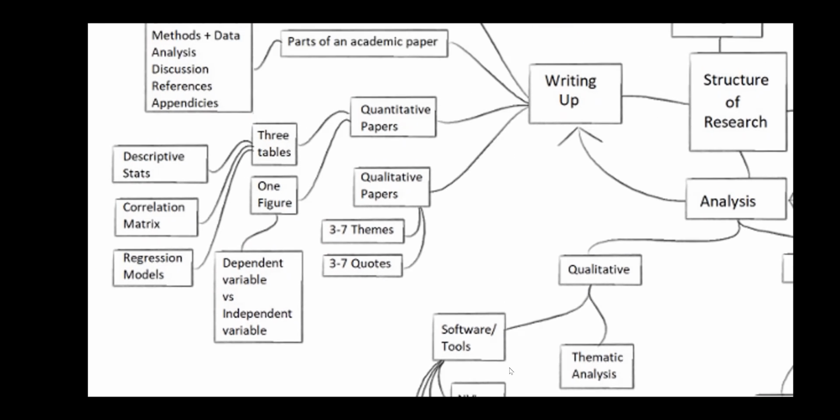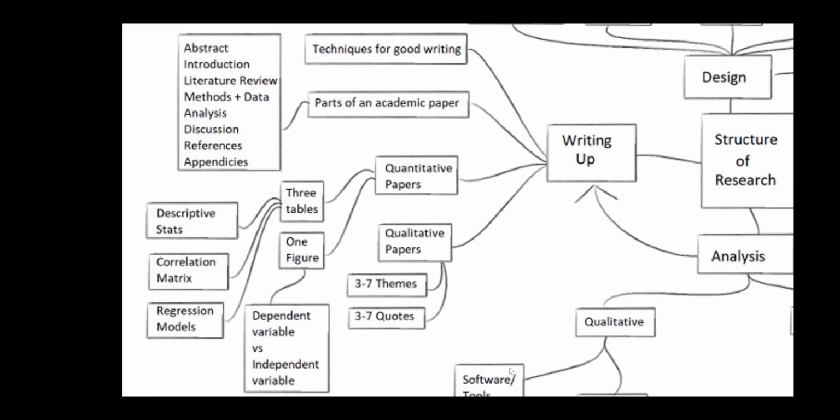The fourth and last part of doing research, and I should say that the analysis I just discussed, we basically spend 1 week on qualitative analysis and about 3 weeks on quantitative analysis this semester. As we're going around this circle, we're really going through the weeks of the class.